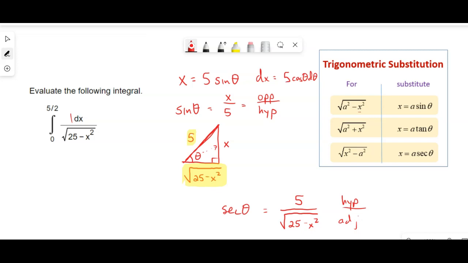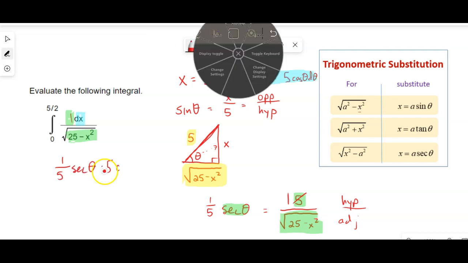So that's still going to be a process no matter which way we do it. Now we don't have 5 here, right? All we have is 1 in our original. So what we're going to do is say that 1/5 secant theta is 1 over x, the square root of 25 minus x squared.